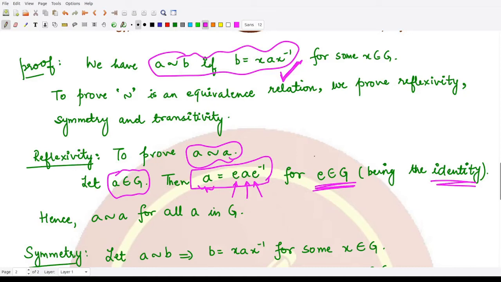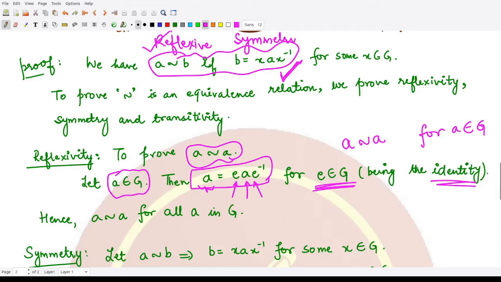Therefore we can say A is related to A, and this is true for all A which are members of the group, because we considered A to be an arbitrary element. So the relation is reflexive. Reflexivity is proved here.